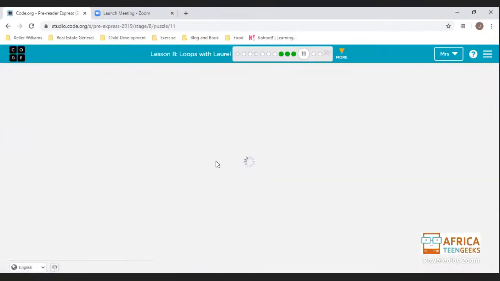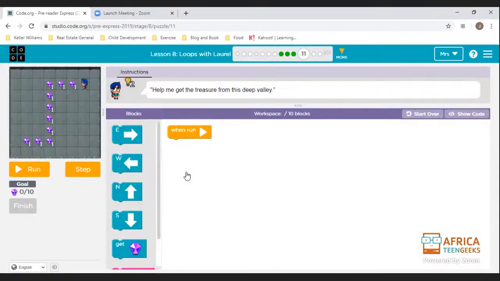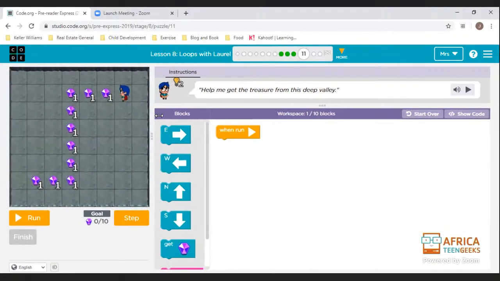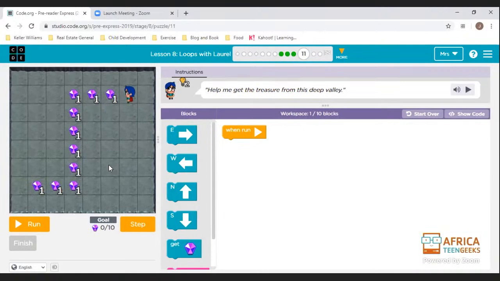And here we are going to see puzzle number 11. So today, let me just make this a little bit bigger again. Okay, we can do this one together and this will be our last puzzle for today. This one is also your homework. So I would love to see how you code this one.